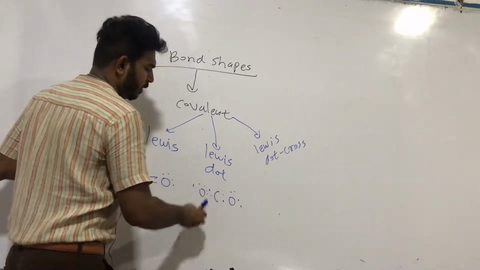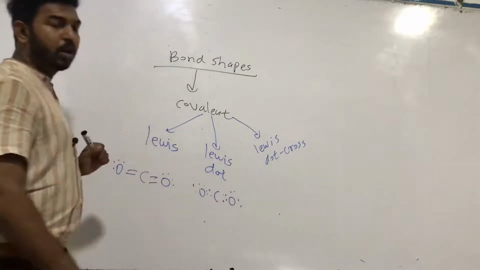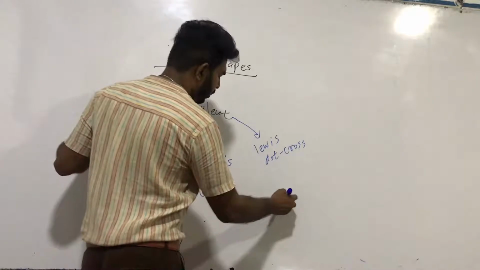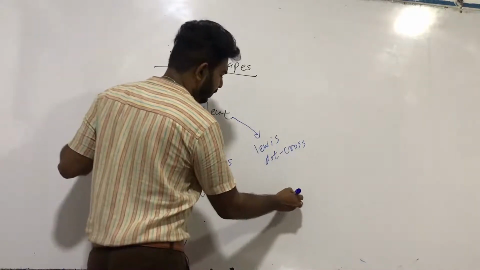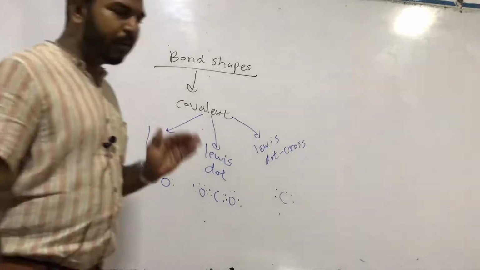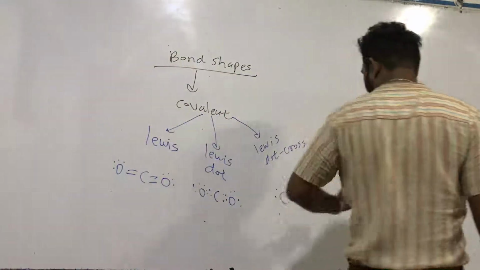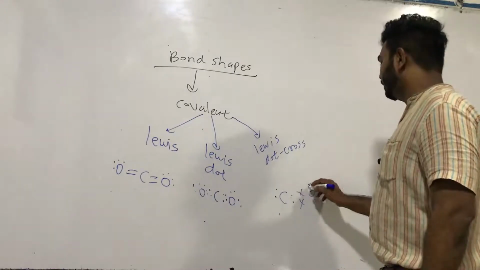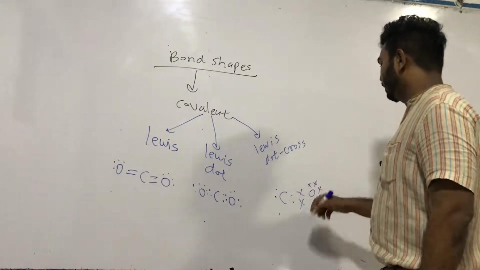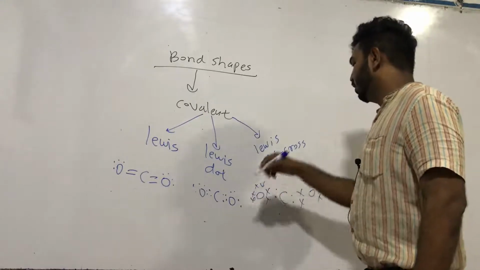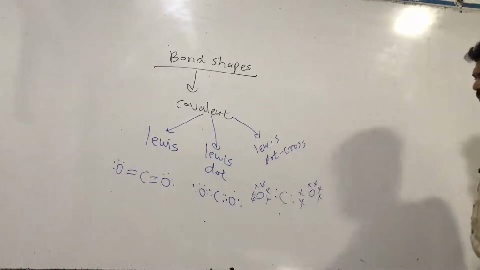So these are Lewis dot structures. Lewis dot cross structures mean we draw the electrons of a single atom using dots and the other atoms using crosses. So these are Lewis dot cross structures.